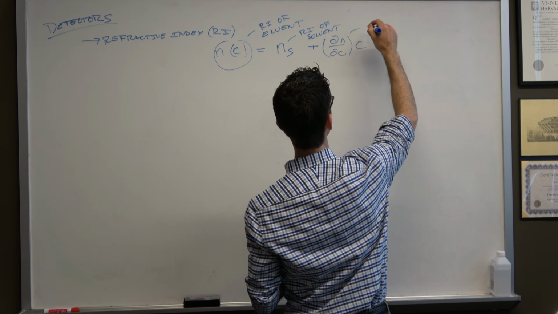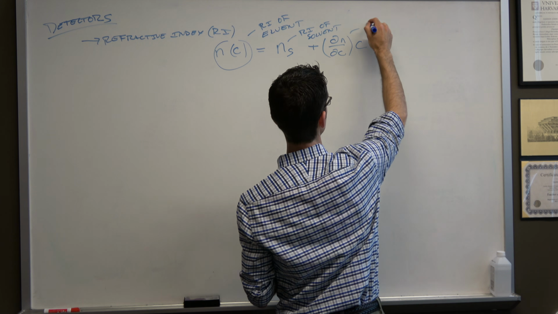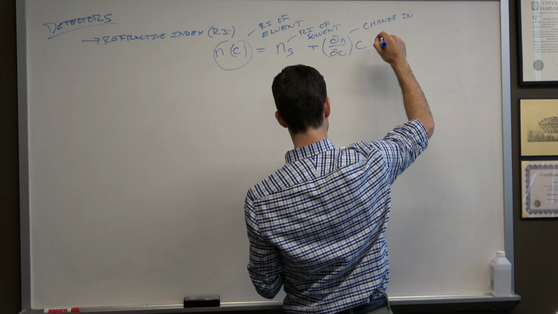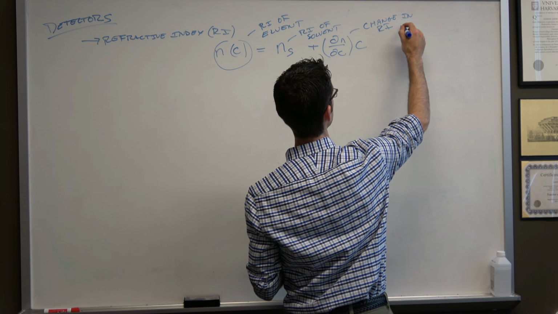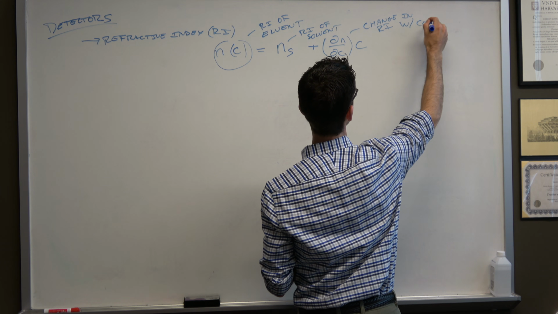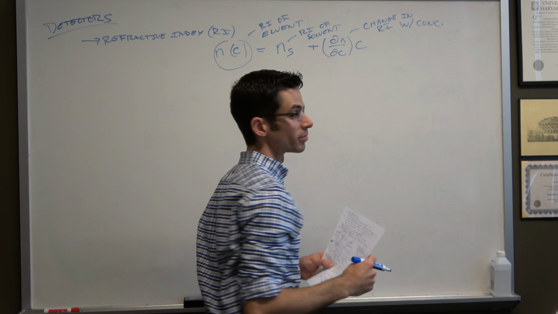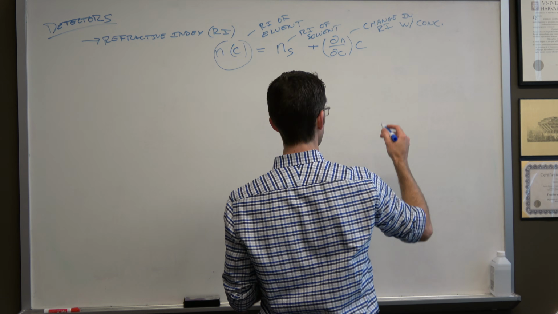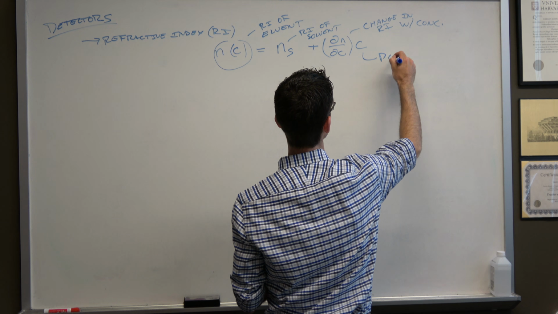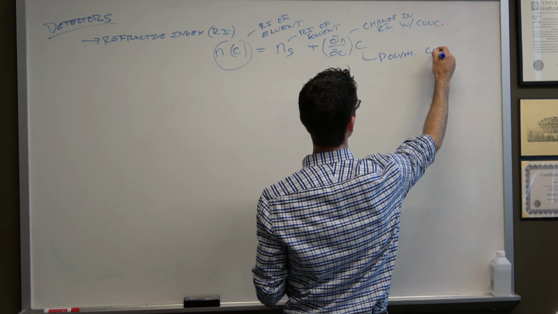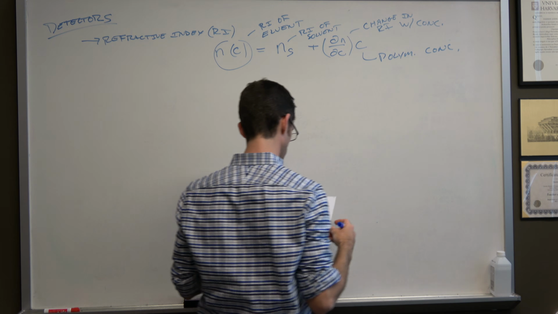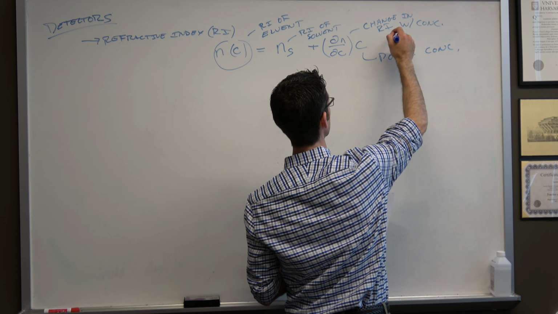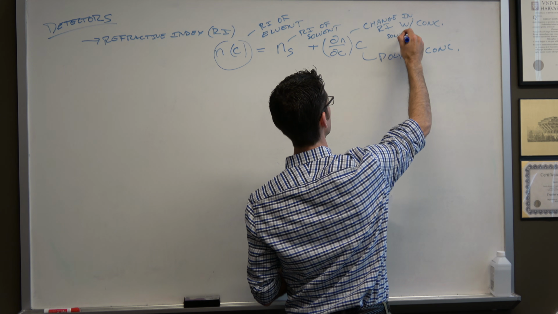And then this is the rate of change of the refractive index with concentration. And this is something that we have to measure separately, times the polymer concentration. And the dN/dC is going to be solvent dependent as well.